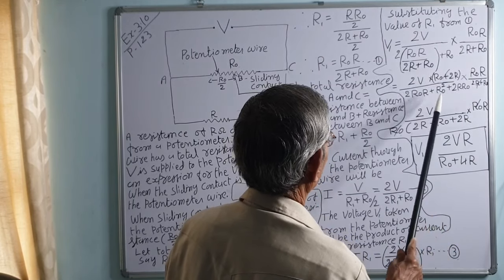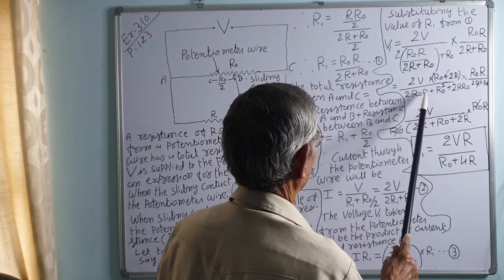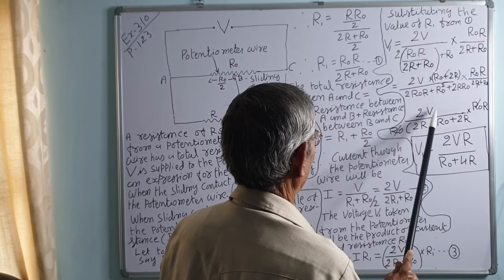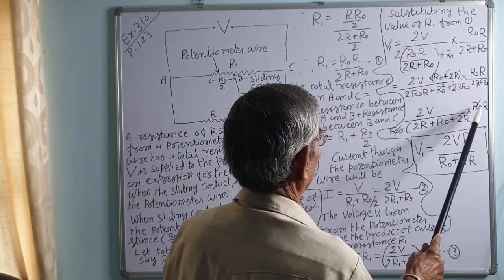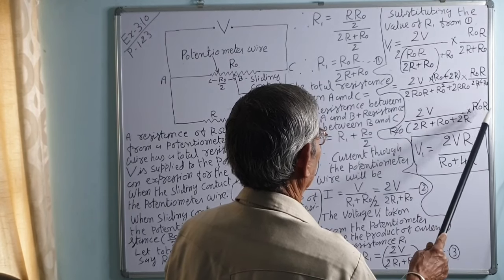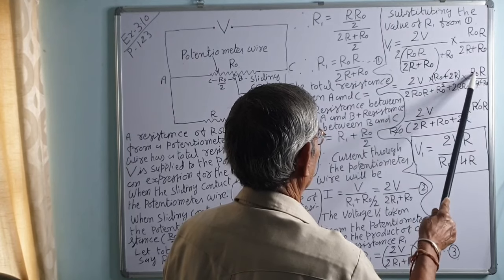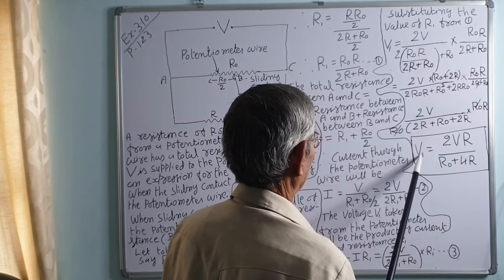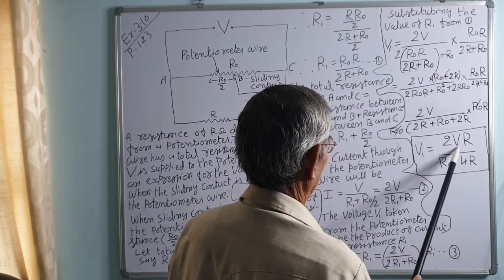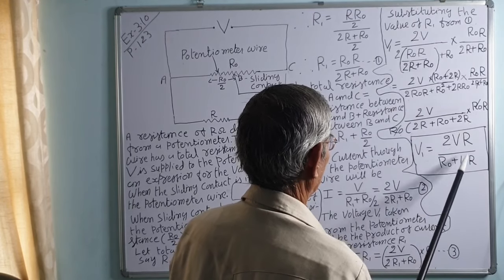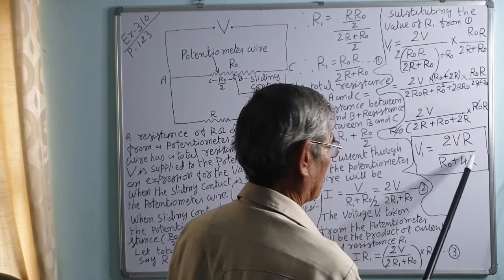So, this will also cancel. Take R0 common from this. So, it is equal to 2V upon 2R plus R0 plus 2R into R0R. This will be cancelled. So, again R0 will be cut common. So, V1 is equal to 2V into R upon 2R plus 2R, 4R, plus R0. So, R0 plus 4R.